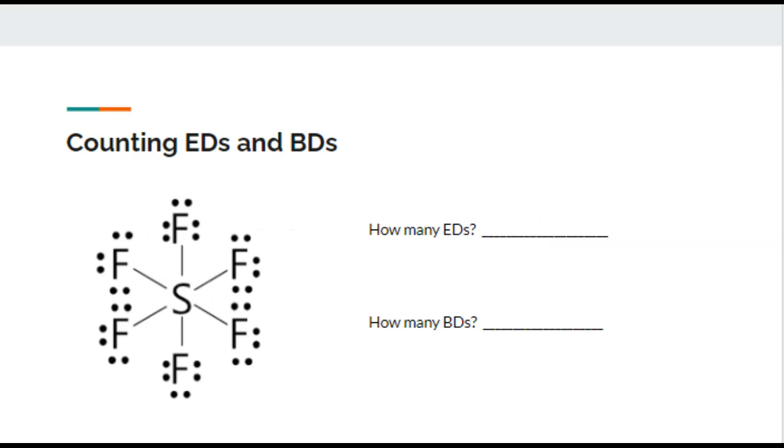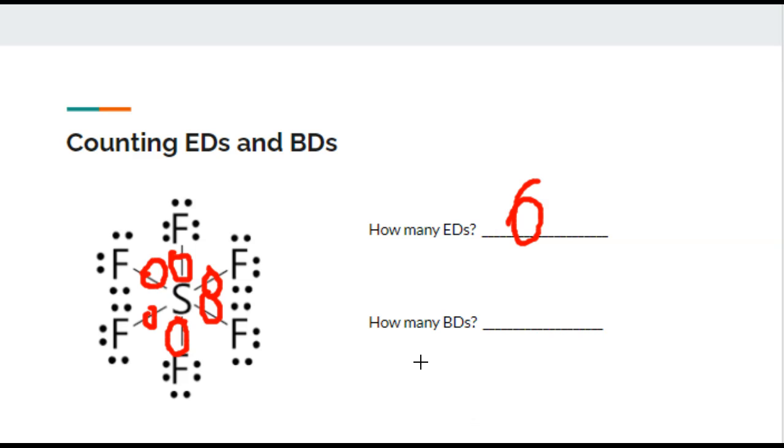We can have expanded valences. Again, it's just a matter of counting. It's going to be very similar to what we did with Lewis dot structures. So you can do this, and you can see that there's 1, 2, 3, 4, 5, 6 places around the central atom that have electrons.